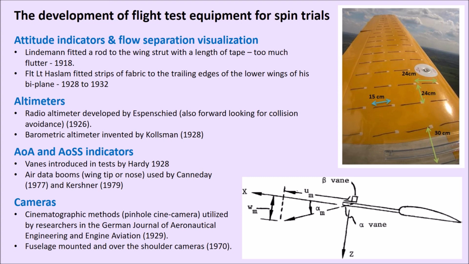As an example of this is a miniature 7-hole probe data system used in spin testing by Lee. This piece of equipment is just 4 millimeters in diameter and weighs only 150 grams, and it's capable of measuring flow angles to an accuracy of 1%. So just as an example of how technology is pushing this field of research forwards.